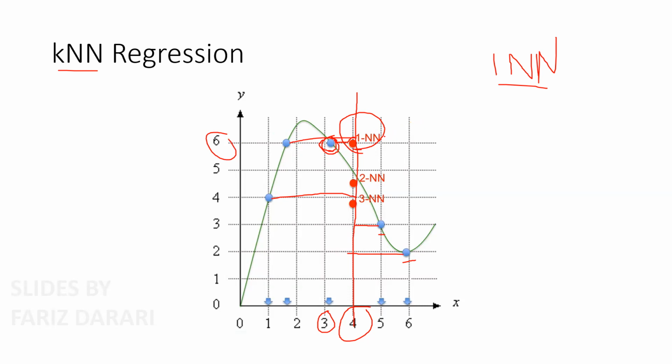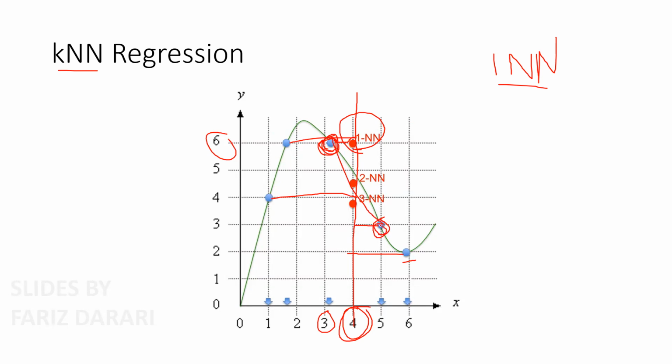That's if you do the 1 nearest neighbor. What about 2 nearest neighbors? The question is, which are the 2 nearest neighbors for the data point when x equals 4, right? That would be this. Of course, this should be included, and this one. So the value of this is 6, the value of this is 3.